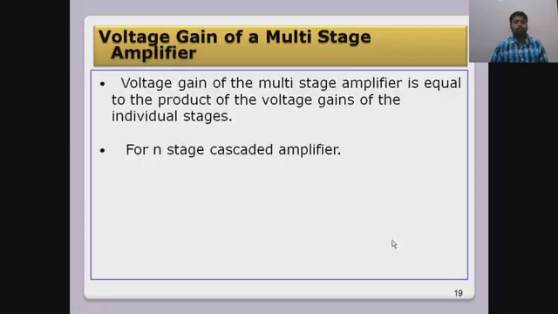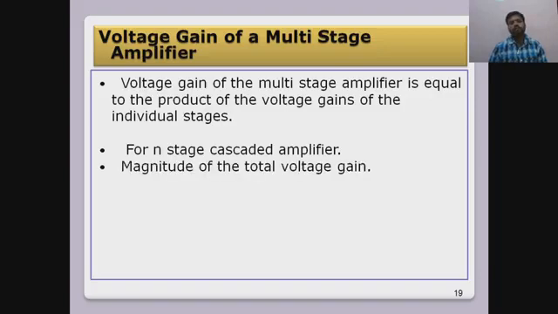Okay. For an n stage cascade amplifier: if there are two stages, it is AV1 and AV2. If there are n number of stages cascaded, then what happens to the overall gain? The magnitude of the total voltage gain is given by AV equals AV1 into AV2 and so on till the n number of stages, that is AVN.